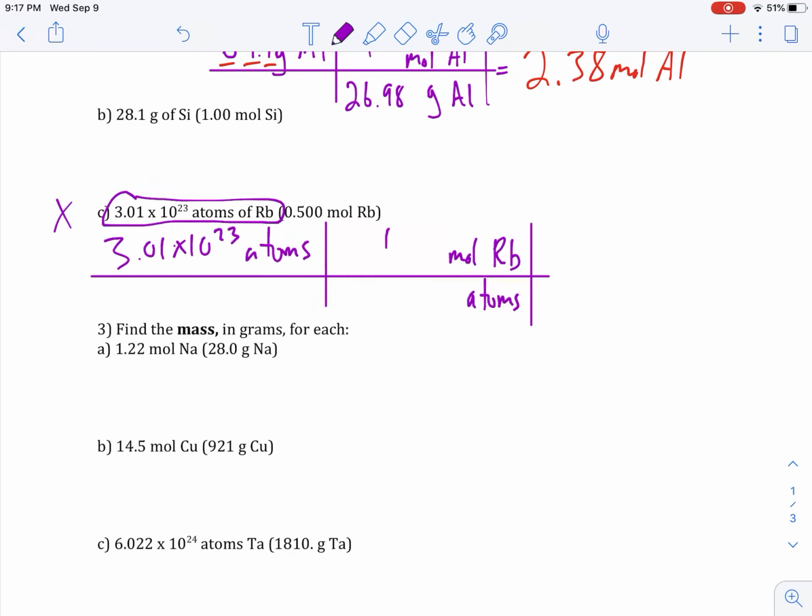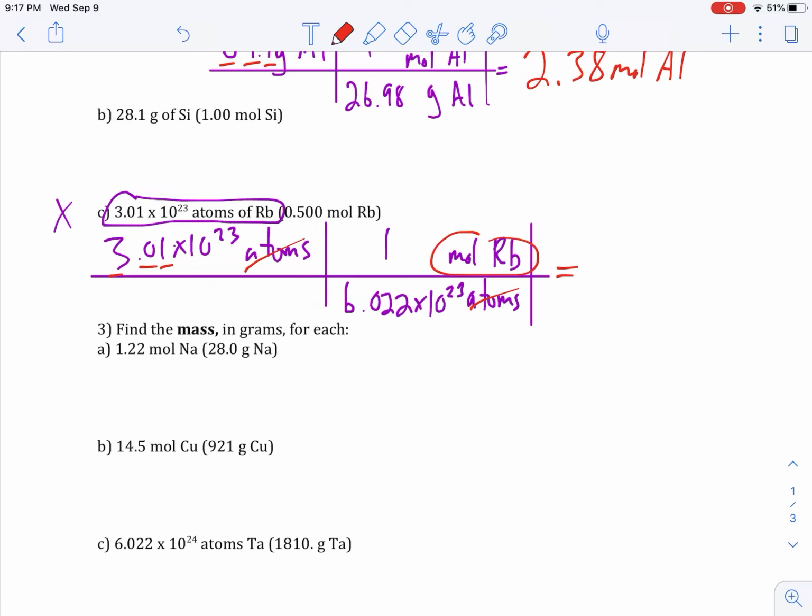Anytime we have a mole of anything, it's equal to 6.022 times 10 to the 23rd atoms. I have managed to cancel my atoms, and I'm left with the unit that I'm trying to get to. And I'll round to 3 significant figures.